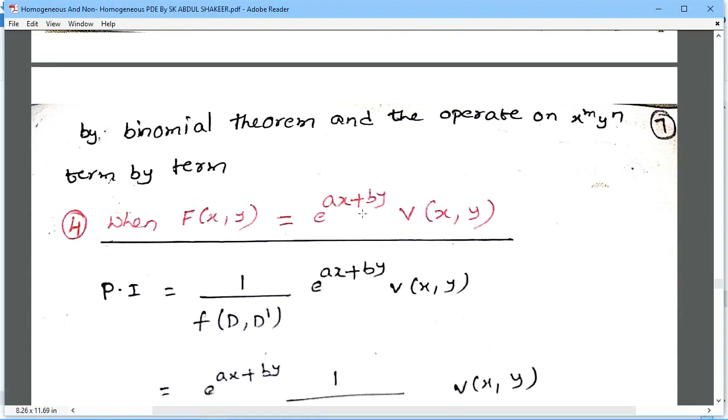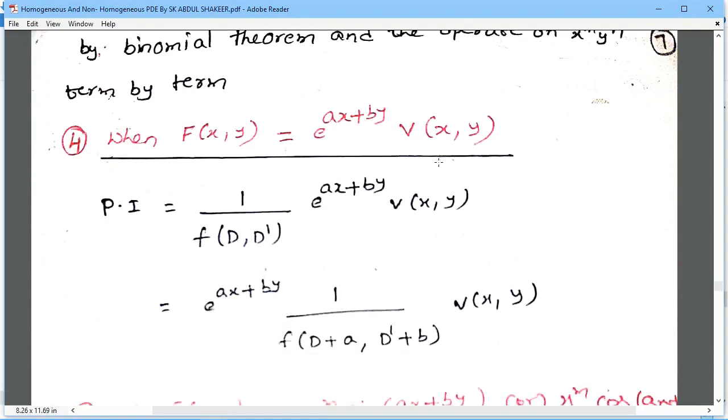Suppose the right hand side function is the product of an exponential function, that is e power ax plus by into v of x comma y, where v of x comma y may be a polynomial in x and y or a trigonometric function like sine of ax plus by or cos of ax plus by.